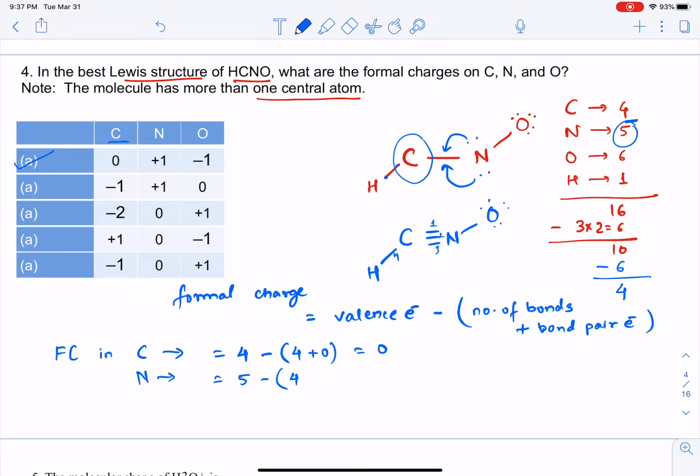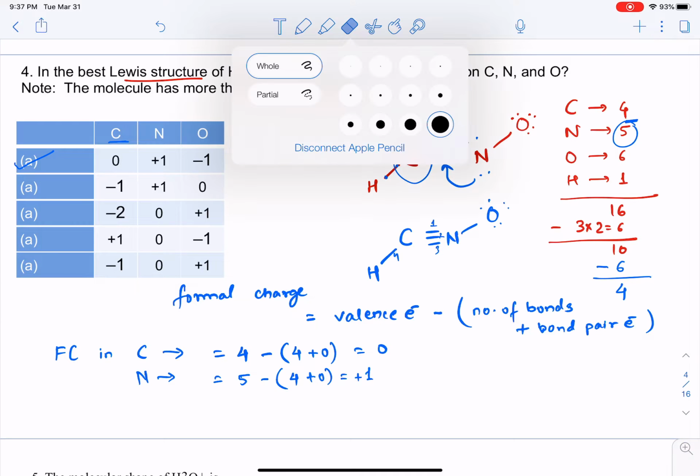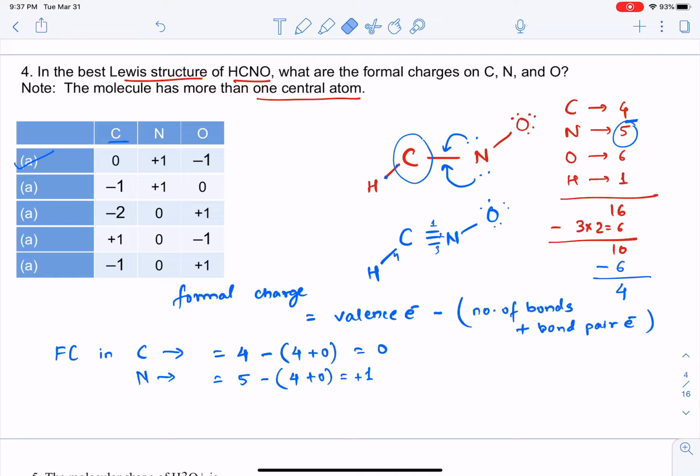How many bond pair electrons? 0. So it has a positive 1 charge. Let me erase something over here so it's more clear. So it has a positive 1 charge.